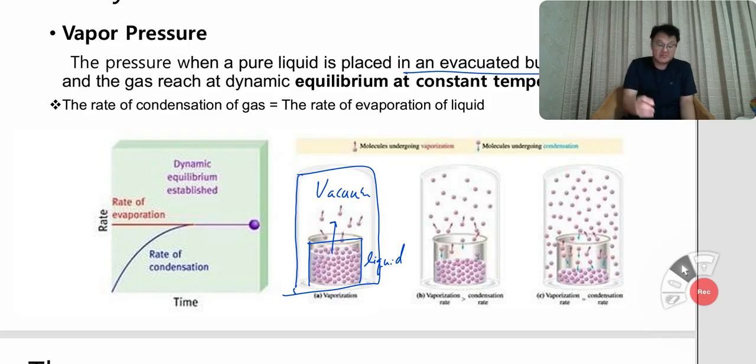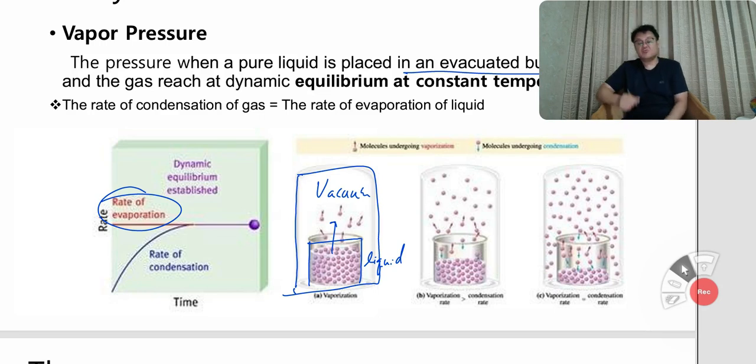Basically, the rate of evaporation, how many molecules are actually converted into gas phase molecules in a given time, is proportional to the number of surface molecules of the liquid. So simply speaking, the surface area of the liquid. And that is basically the same as a function of time.